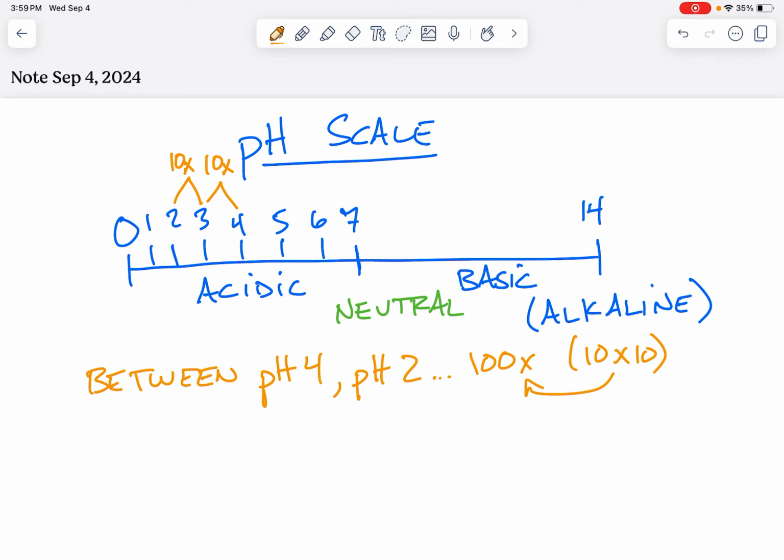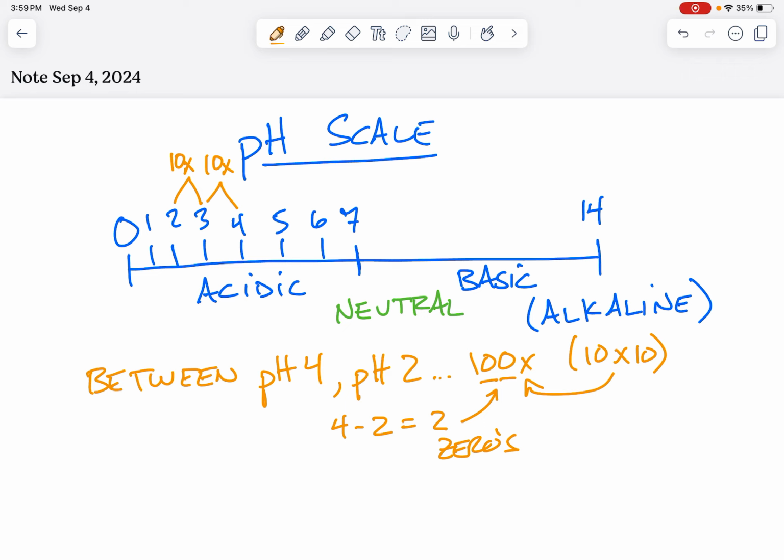Again, this is all because the pH scale is based on the log base 10 scale. And that goes for any of them. A quick way to figure that out is that you subtract your two pH values. So in this case, 4 minus 2 would be 2, and that's how many zeros we have. We have 2 zeros. A quick way of doing that calculation.